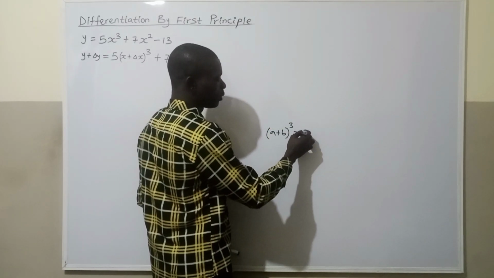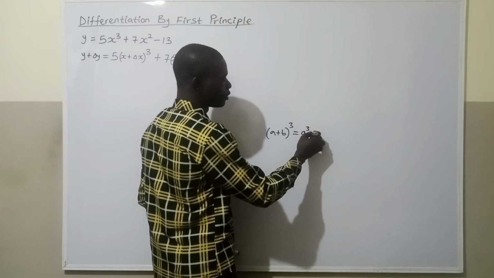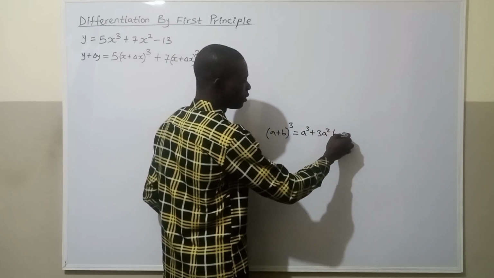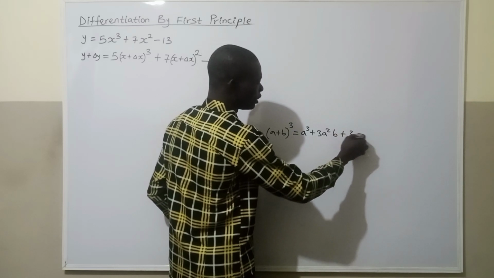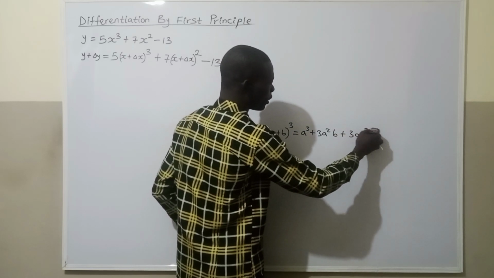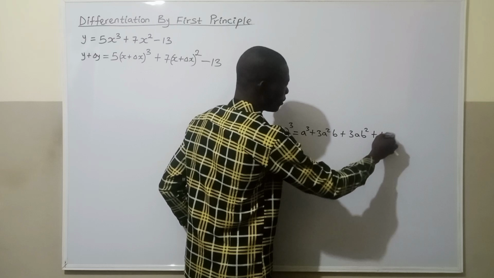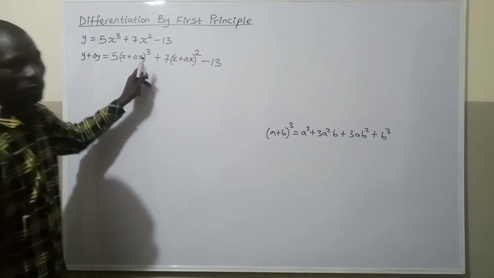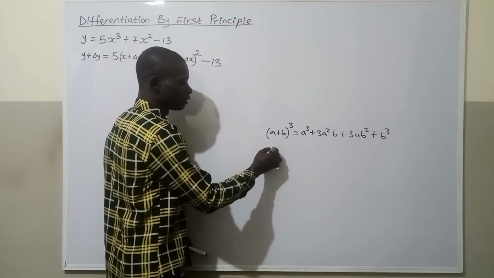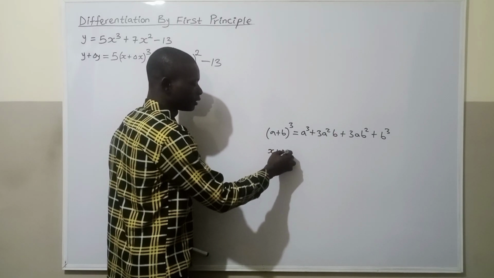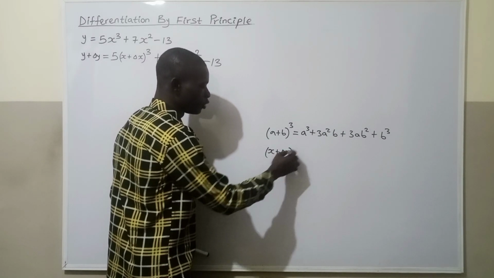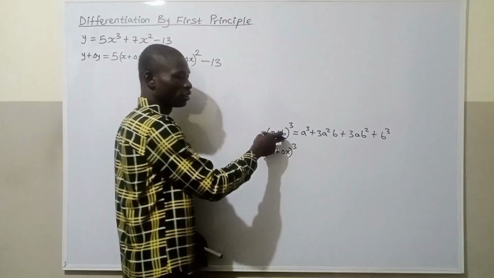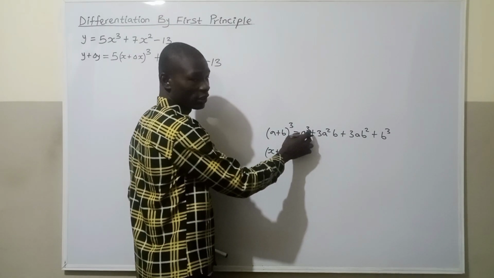That is actually equal to a cubed plus 3a squared b plus 3ab squared and then plus b cubed. But in this case, what we're dealing with is x and delta x. So it means that we are going to be having x plus delta x, both being cubed. So x is in the position of a and delta x is in the position of b. So we are going to apply this particular idea also.